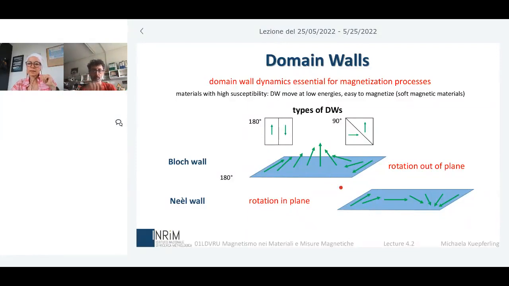The one that is preferred, of course, is the one where the magnetization is not going out of the film plane. Because if magnetization points out of the film plane, then we will have a strong magnetostatic field here. And this is energetically not that favorable in thin magnetic films, unless you're in certain situations that we are studying recently very much.